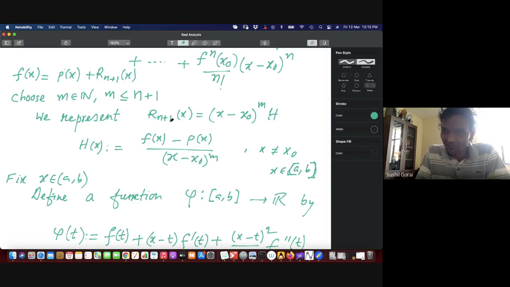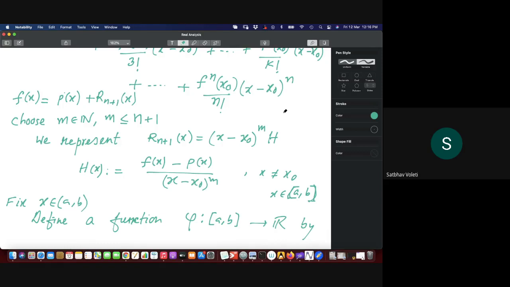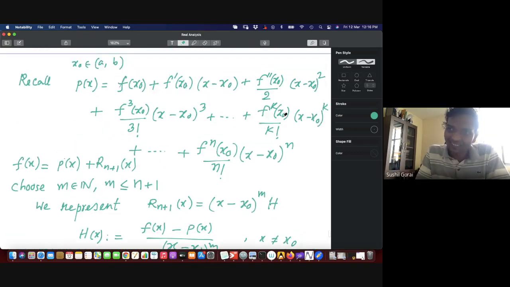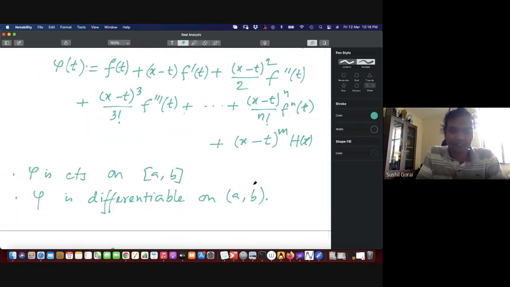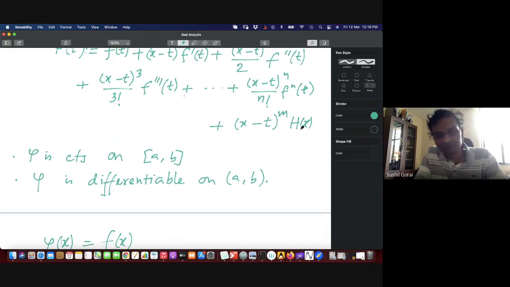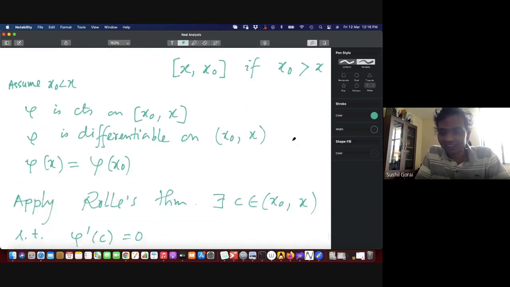If m is n plus 1, then the h part may not be differentiable here, and whatever remains may not be differentiable. But that's not necessary because our phi does not depend on that. Right. So putting x here solves the problem. Otherwise, we would have been in trouble. Yeah. Any other question?